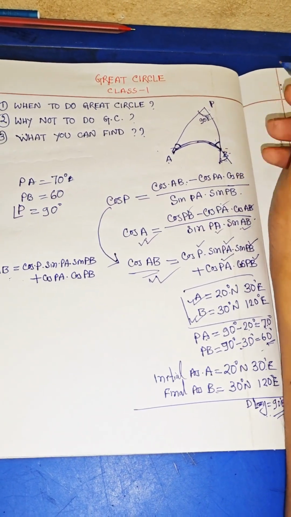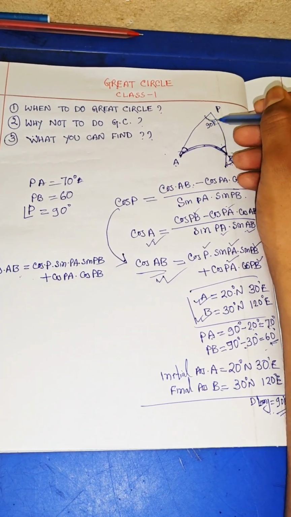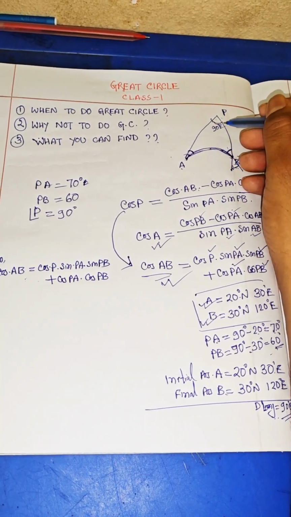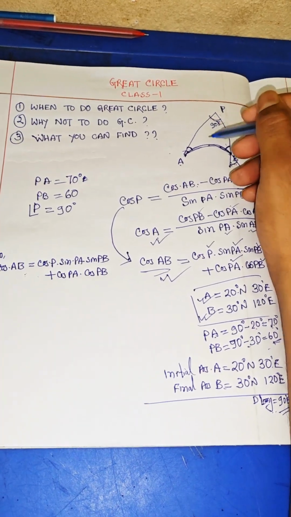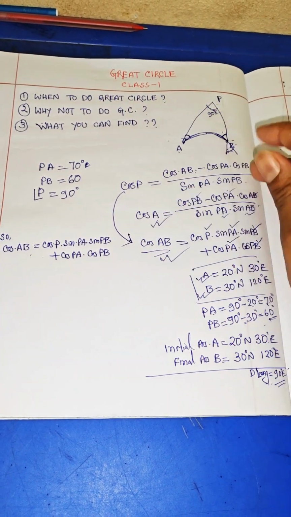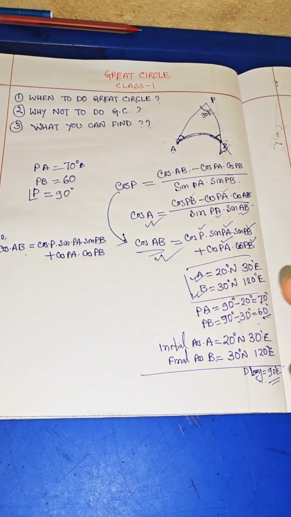That is the condition of Napier's; otherwise you cannot use it. Since here 90 degrees already coincidentally comes at the pole, you can use Napier's rule. This is just an example, remember; I just took any position and coincidentally it became 90 degrees.